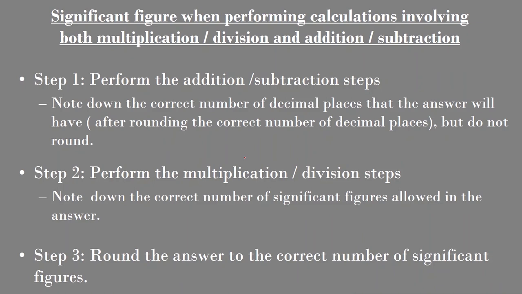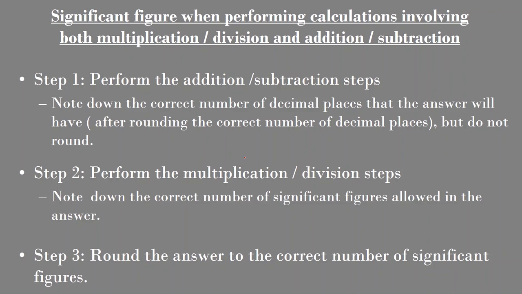Now let's look at how to handle sig figs if you have a problem with both multiplication, division, and addition, subtraction in the same problem. So you will perform whatever step you have to perform first, like the addition, subtraction step.